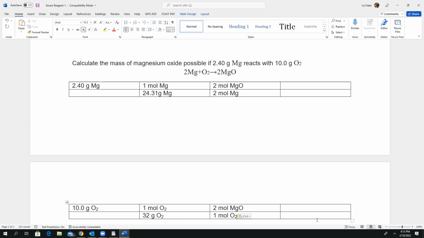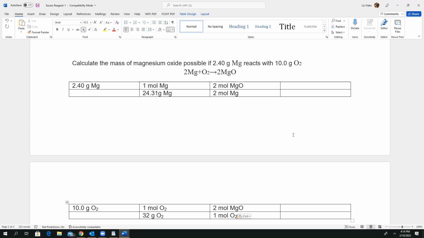Okay, for the first one, we're going to do 2.40 times 2. Well, actually, we don't even need to multiply times 2 because we're also dividing by 2. So we're just dividing over 24.31. Yeah, the 2 and 2 just cancel.